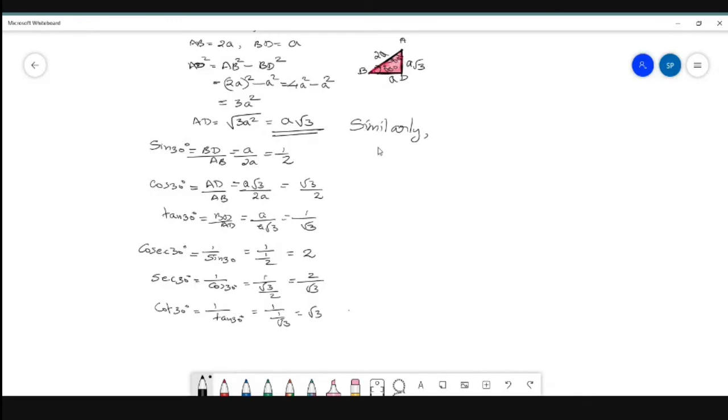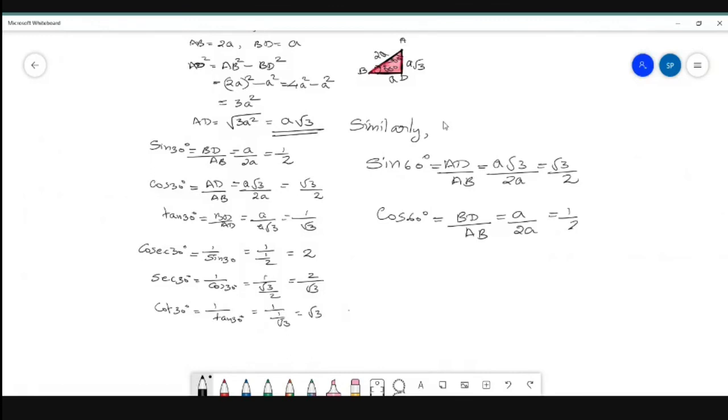So you can write all the ratios: sine 60 is opposite side by hypotenuse, that is A root 3 divided by 2A, that is equal to root 3 by 2, and cos 60 is adjacent side BD divided by hypotenuse, that is A by 2A, that is equal to 1 by 2, and tan 60 is opposite side AD divided by adjacent side BD.